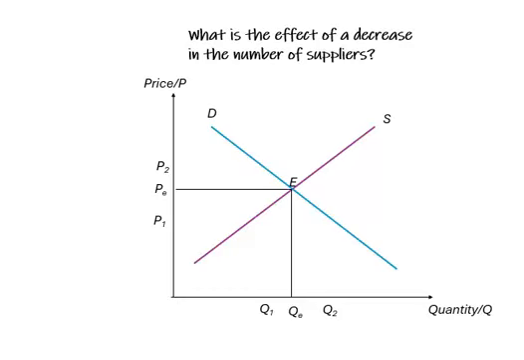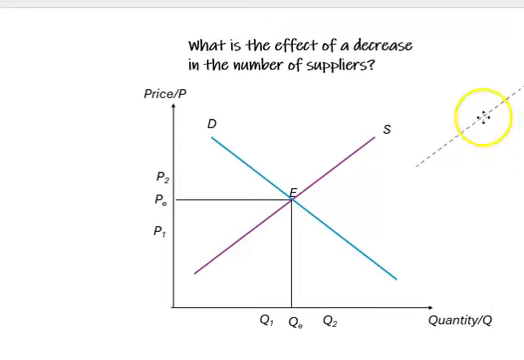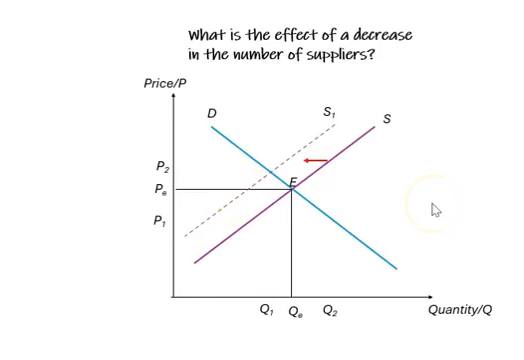We know that as suppliers decrease, this means that the supply curve will shift to the left. It shifts to the left to curve S1. And our new intersection is at this point. This is where you draw your line to show that quantity decreases to Q1.